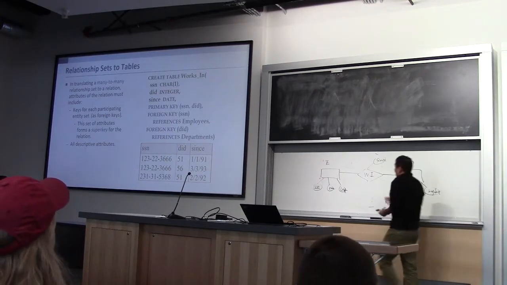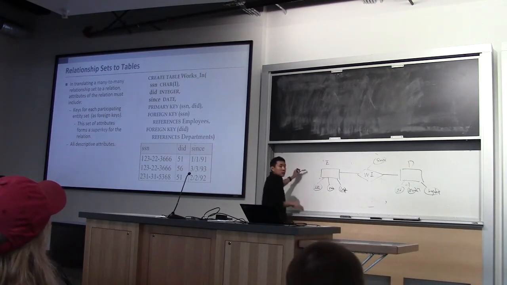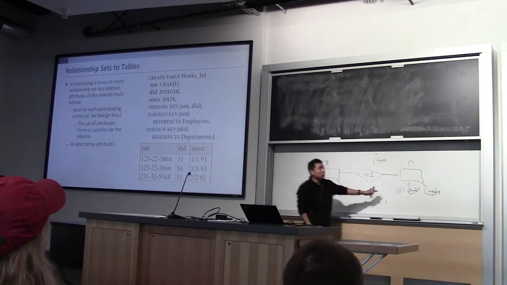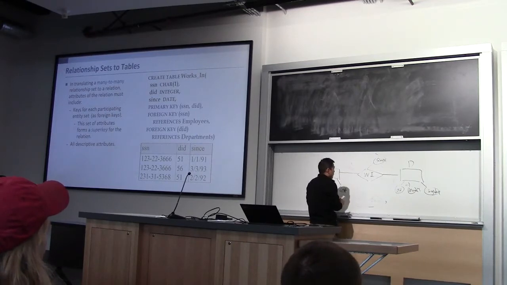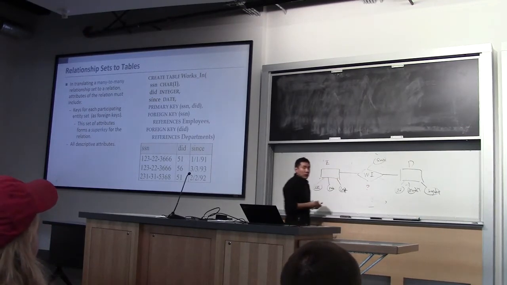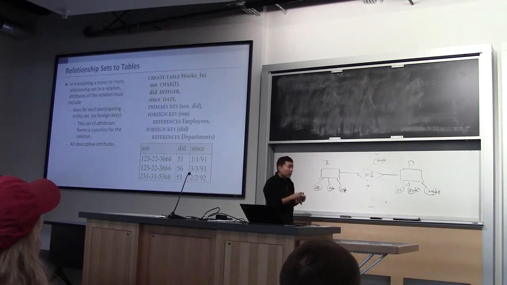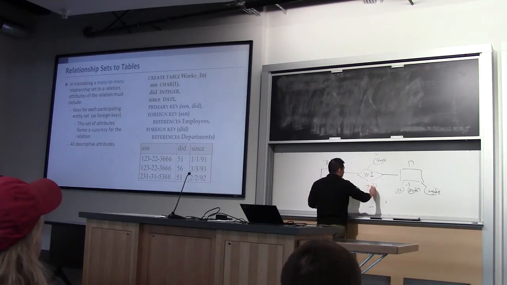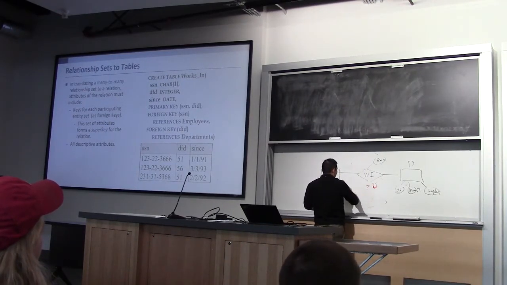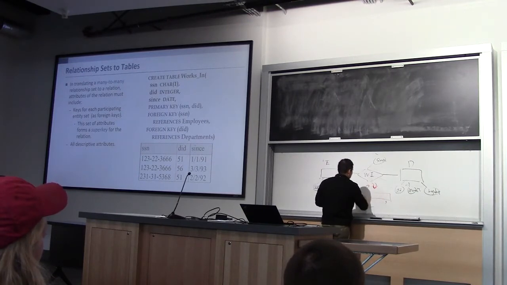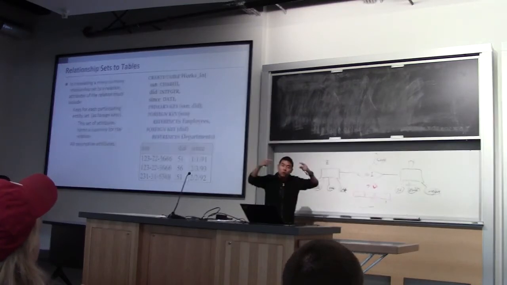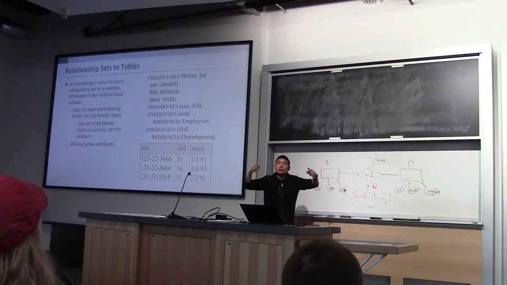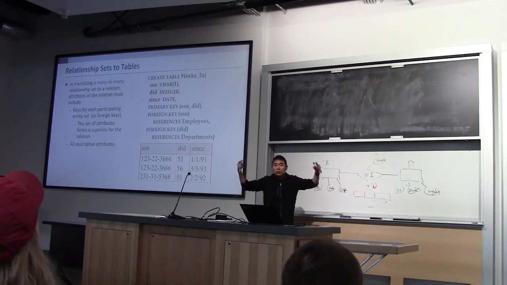Now, this will be an employee table with 3 attributes. This will be a department table with 3 attributes. So the question is, what about this works-in relationship right here? You convert this to a table as well. This converts to a table of the following schema. You take the keys from all participating entity sets.